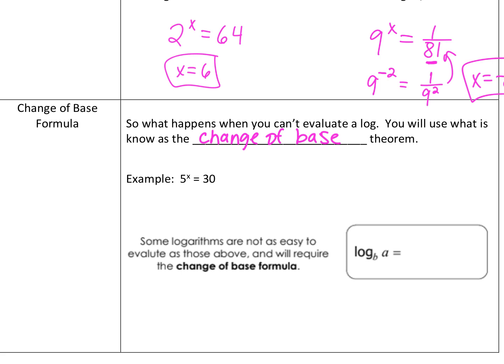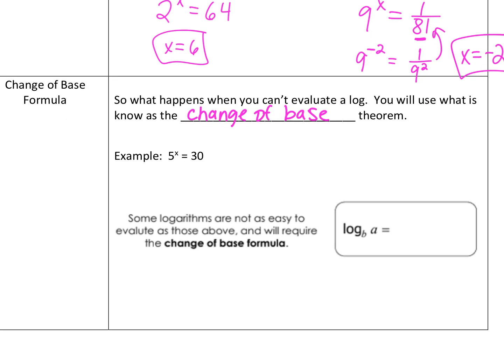So what the change of base formula is saying is I can take any logarithm and break it apart, meaning I'm going to take the log of the a value, so the big number, divided by the log of the base, the little number. Okay? And I can do this in my calculator.